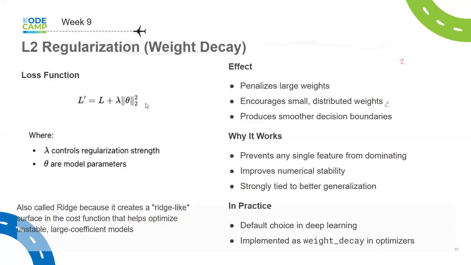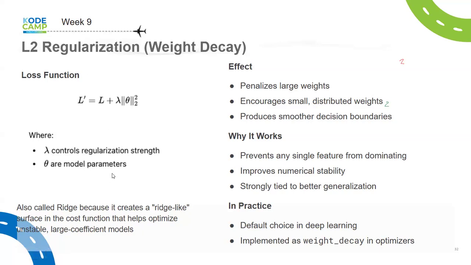The lambda controls the strength of the regularization, while theta are the model parameters. It's called ridge regularization because it creates a ridge-like surface in the cost function that helps optimize unstable large coefficient models. This is ridge regression.